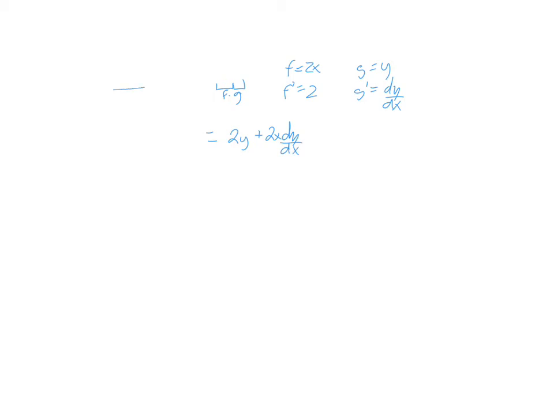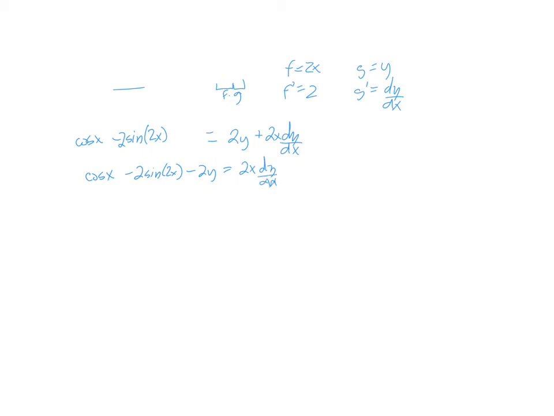So derivative of sine is cosine. Derivative of cos 2x would be negative sine 2x times 2. Let's put the 2 in front. And you can see we're pretty much done. So just subtract the 2y out. Let's rewrite this as cos x minus 2 sine 2x minus 2y equals 2x dy/dx.